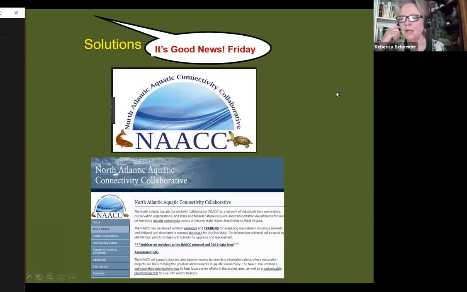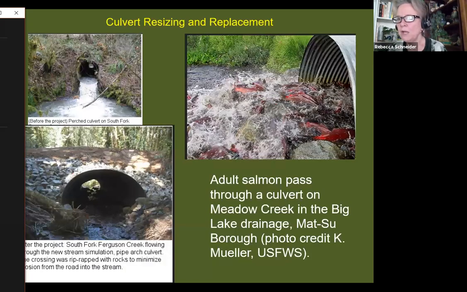Some good news, and when I teach this class, I have Good News Friday to bring good news that's happening in the world. An organization called the North Atlantic Aquatic Connectivity Collaborative started paying attention to these crossings that were preventing fish from getting into streams to reproduce. And they've done a phenomenal job, including in New York State, where we are now resizing and removing culverts and putting in better culverts.